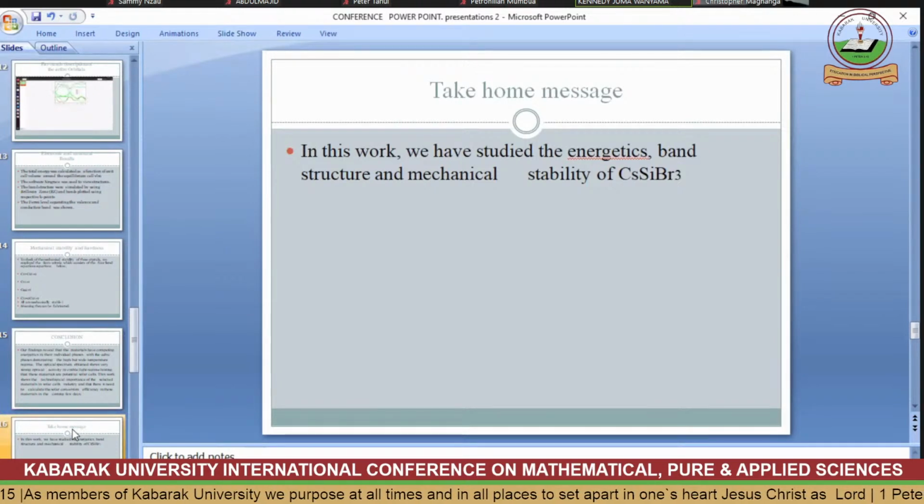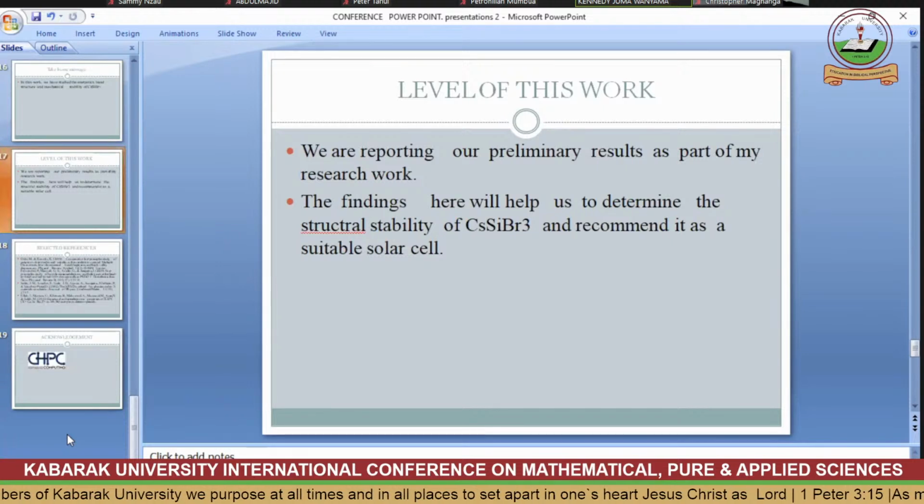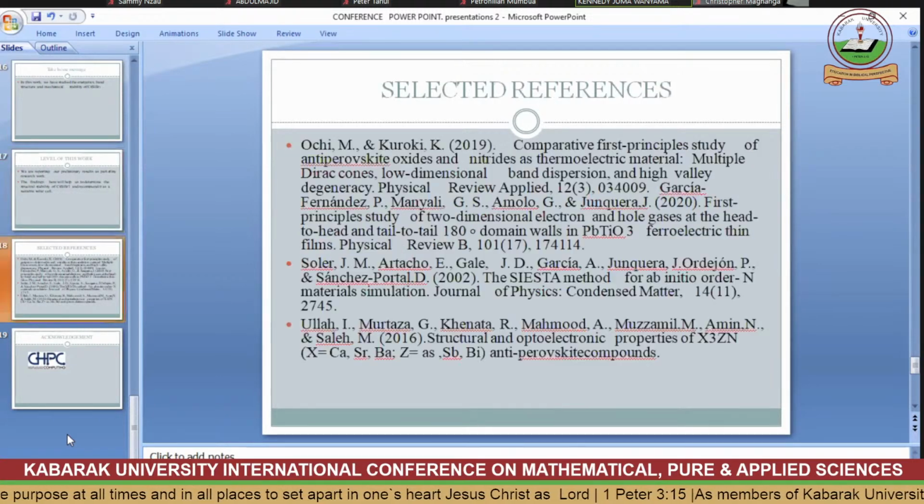So basically I've looked at the energy, the band structure, and the mechanical stability of the silicon bromide. This work is part of my research work. It's at the proposal stage, and the findings will help me also to determine the characteristics of the silicon bromide and recommend it as part of a solar cell material.